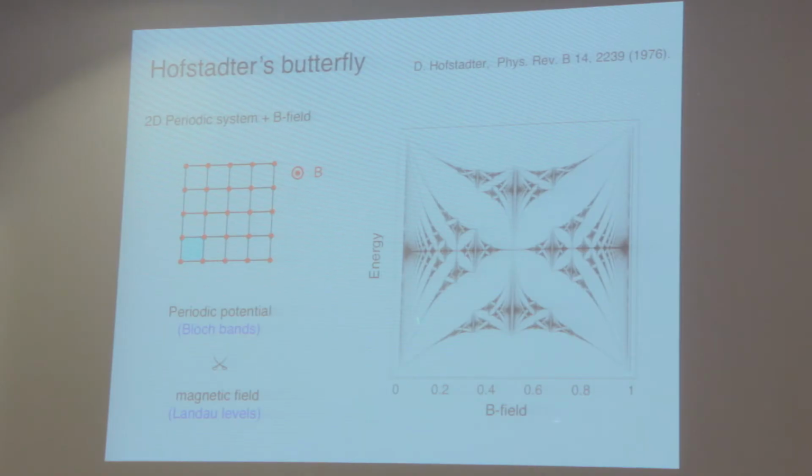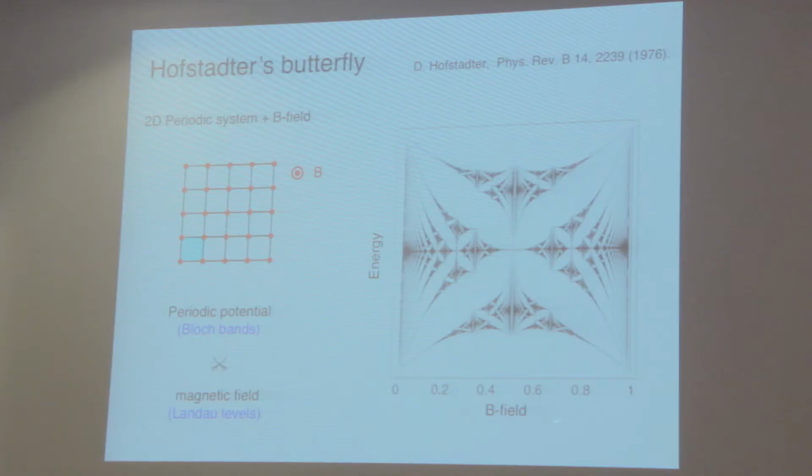Okay, so let's start with this famous picture. The Hofstadter butterfly is like this. We need two things. The one is a two-dimensional electron in a magnetic field, so it gives the Landau levels.